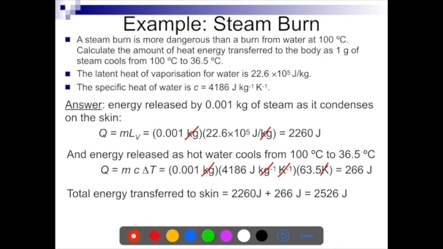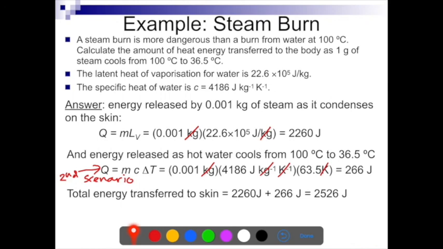In the second scenario, it will just be this amount of heat that's released to the skin, because you're already starting just from liquid water, so you don't have this additional heat being absorbed by the skin.